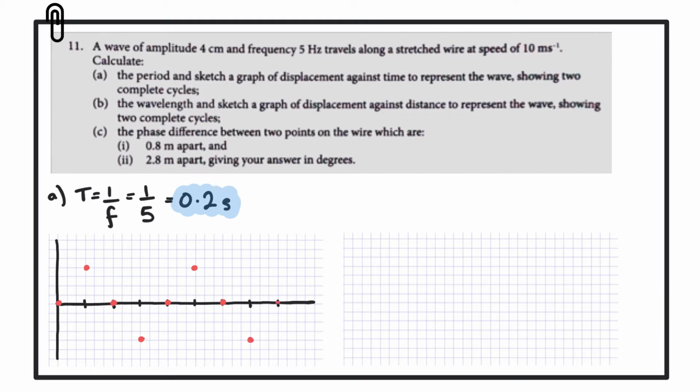So along the x-axis, I have a series of lines, and each of those lines is representing a quarter of a wavelength. I've also put a little dot at the peaks and the troughs of the wave, and you'll notice that they're at the same height because we know the amplitude here is constant.